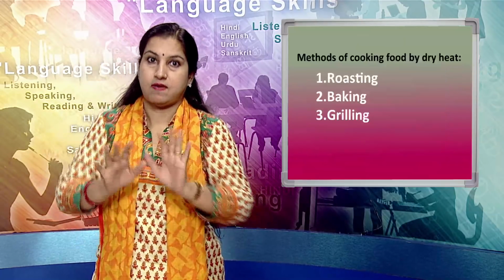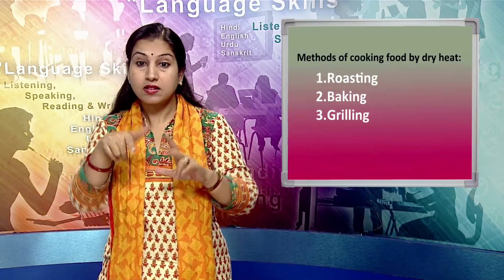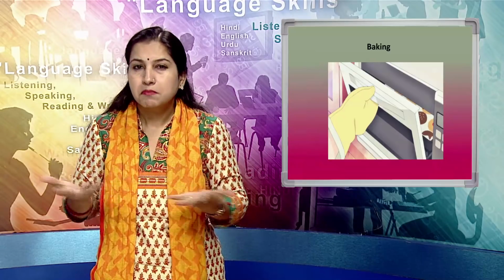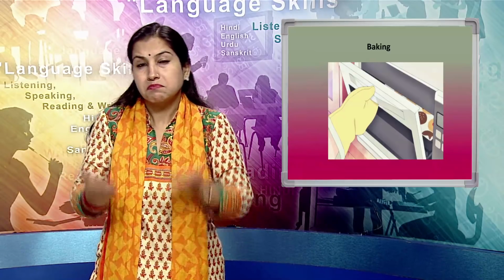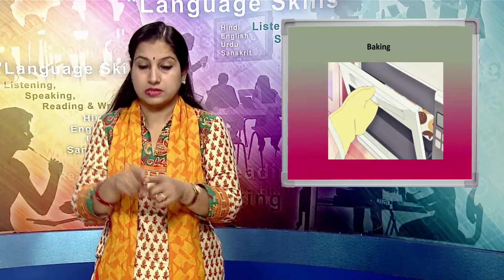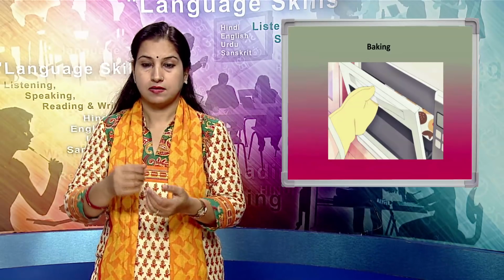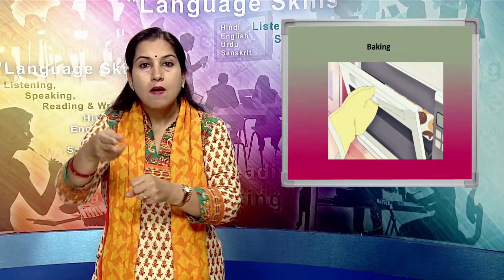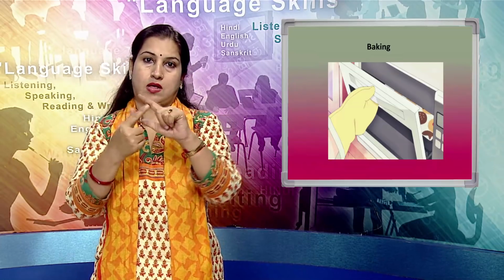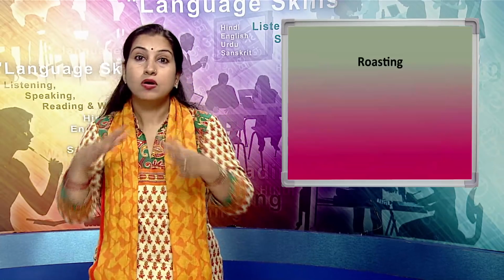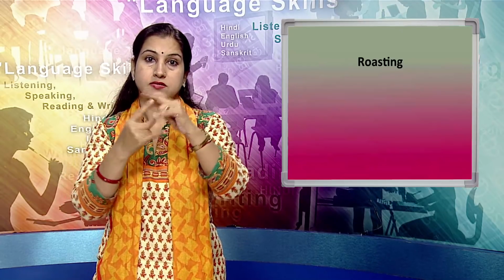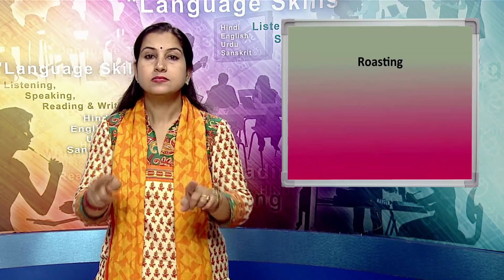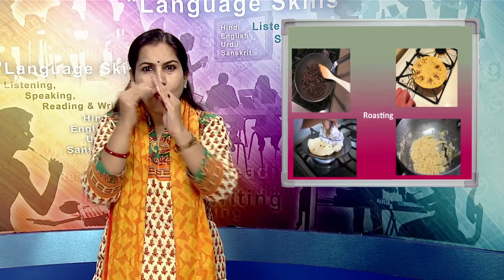The second point of this dry heat column is baking. You must have seen cakes, bread. They are made with this method of dry heat. The third point is roasting. Like you have seen chana, you roast chana.